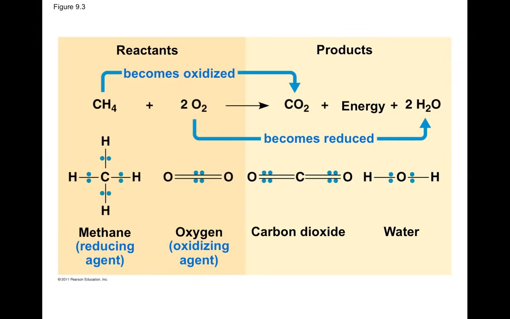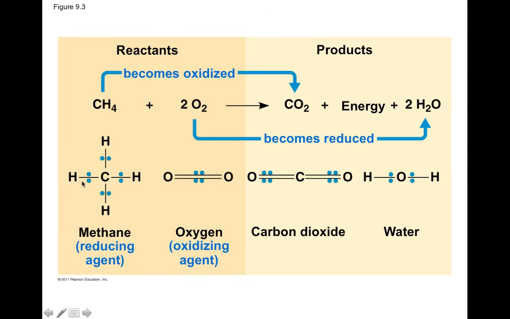So it is not always the case that an atom has to lose the electrons outright to become oxidized, or gain electrons outright to become reduced. If we burn methane, our simplest hydrocarbon, CH4, we know that hydrogen and carbon are roughly similar in their electronegativity. So when they're sharing electrons in a covalent bond, that sharing is more or less equal.